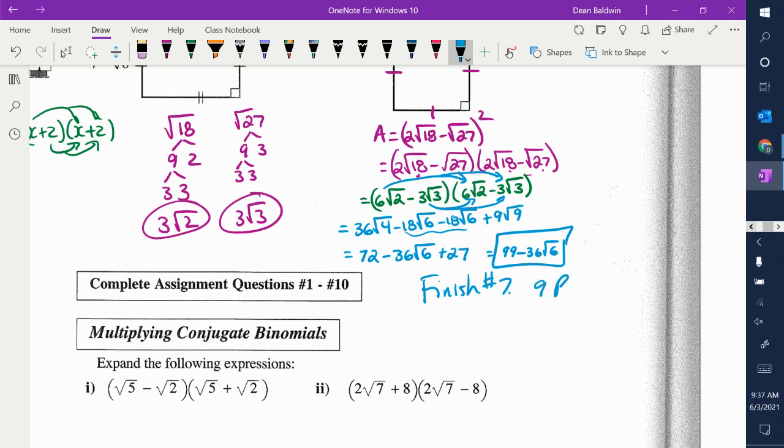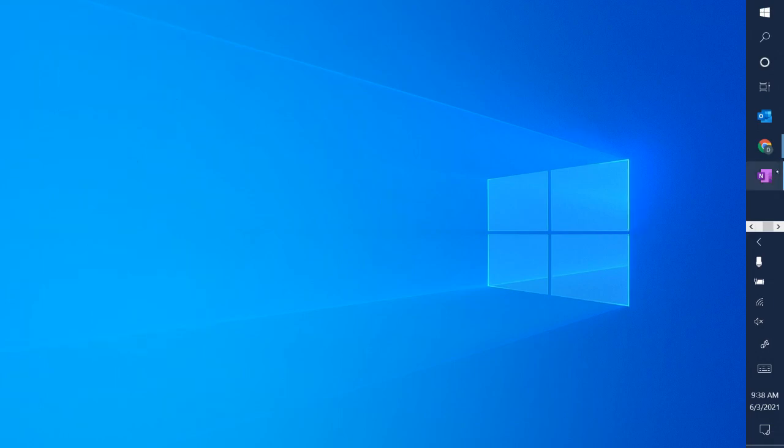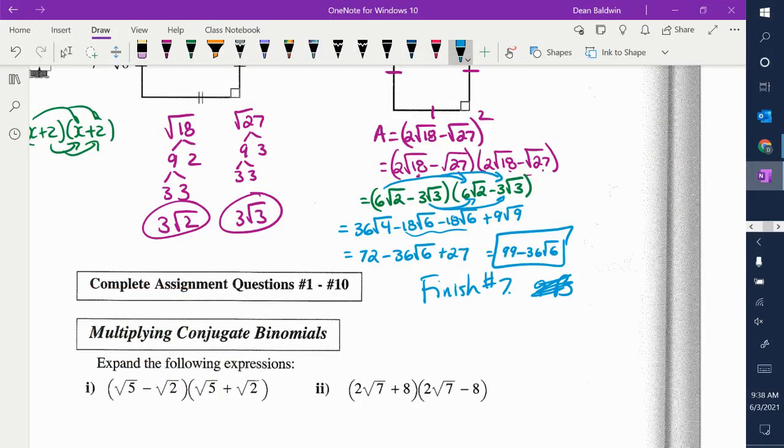Do 9B. Actually, don't do 9B. Do 10A and B. There you go. So finish 7 if you haven't done that, and then 10A and B.